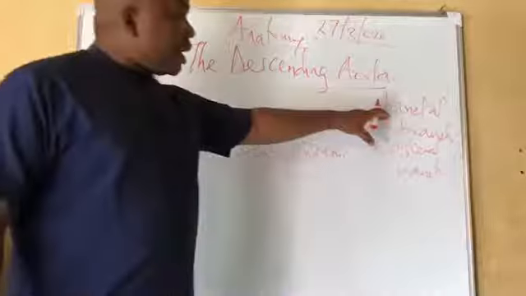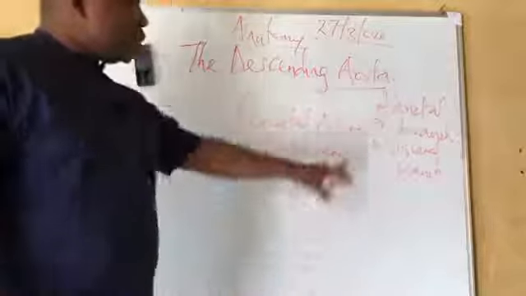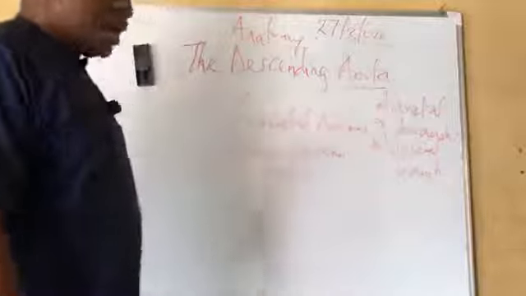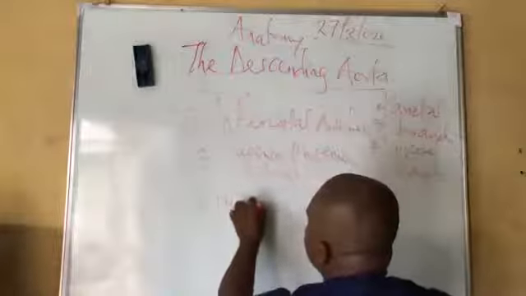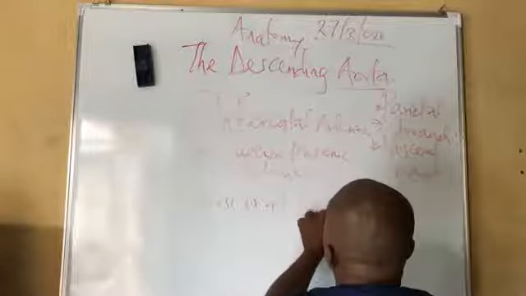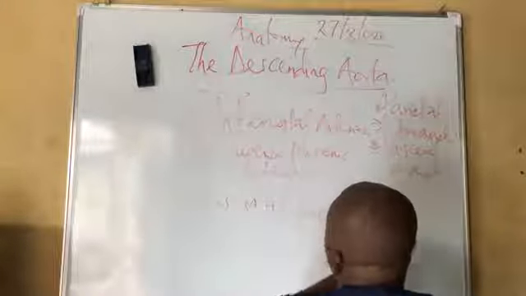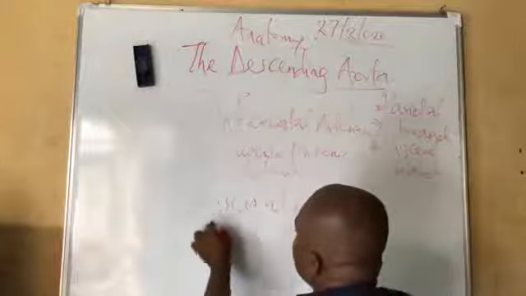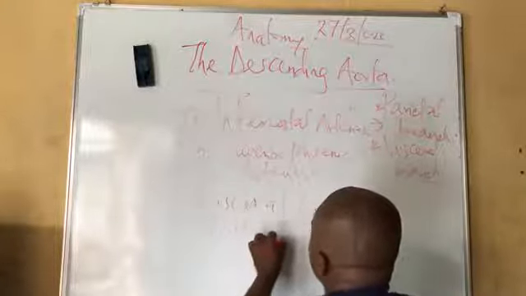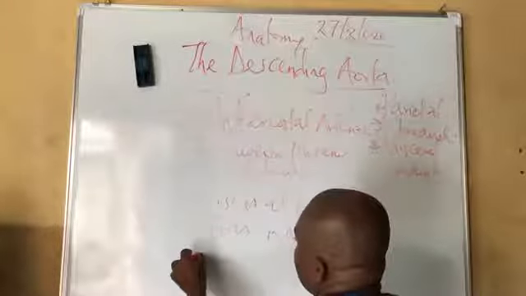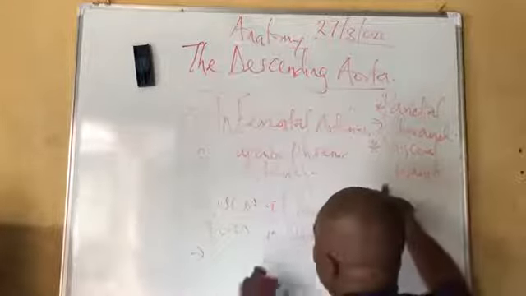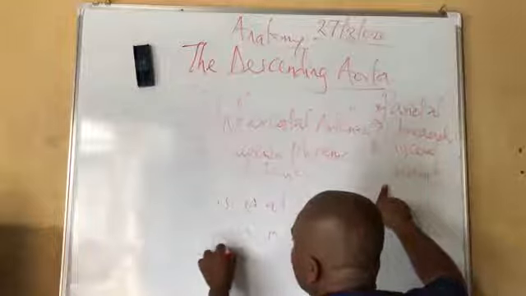So aside from the parietal branches, the thoracic aorta also has what is called the visceral branches. The visceral branches are four in number. We have one, the esophageal branch.